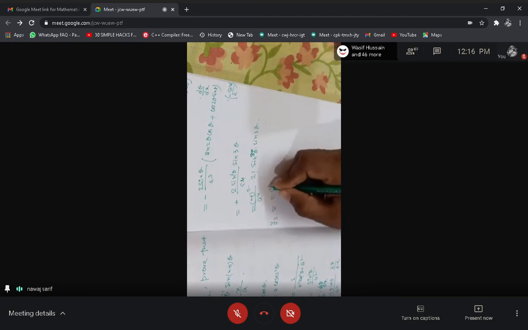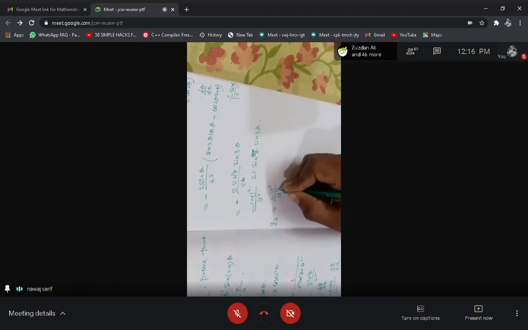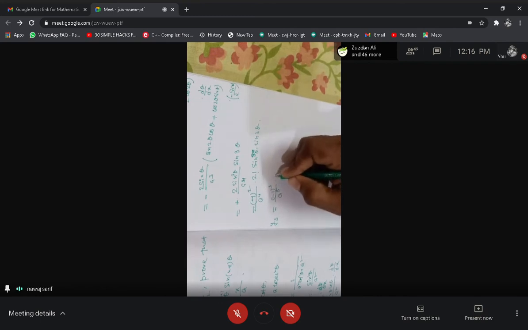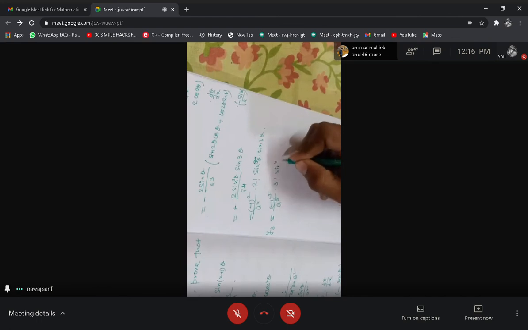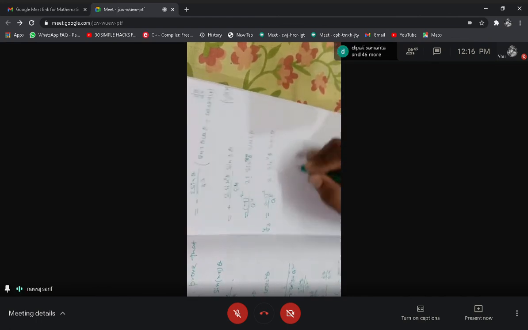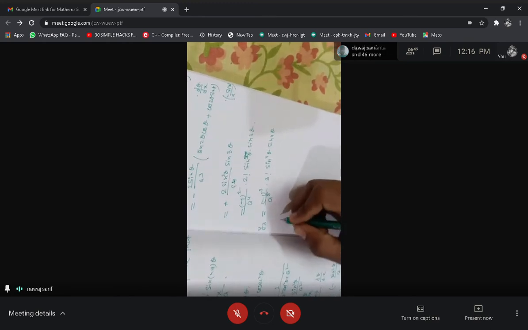Minus 1 power 3, a to the power 5, 3 factorial, sin to the power 4 theta into sin 4 theta.